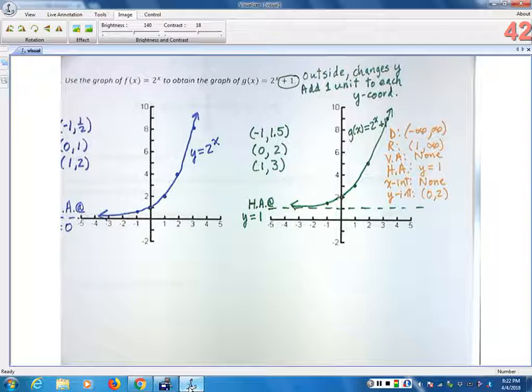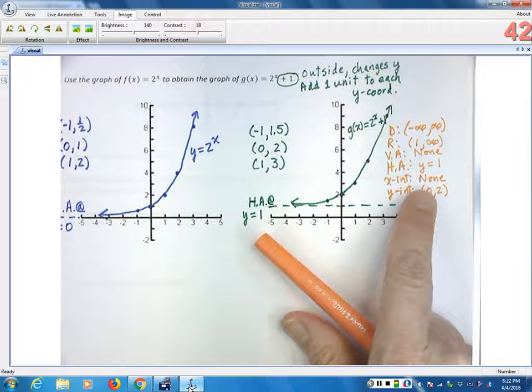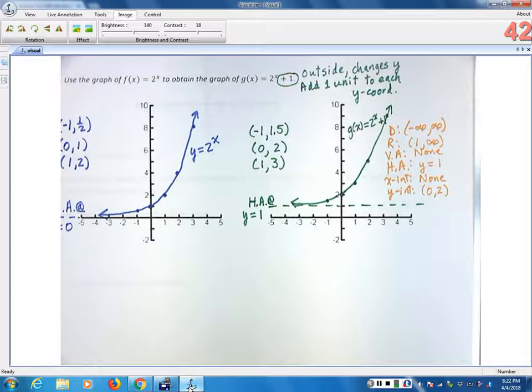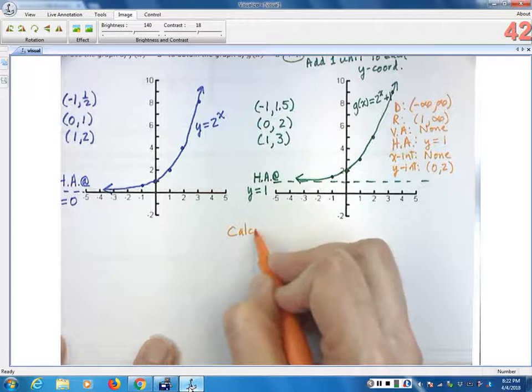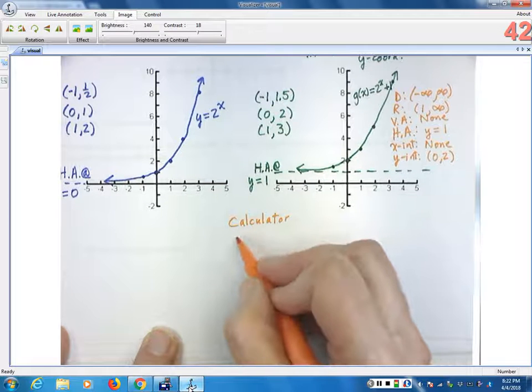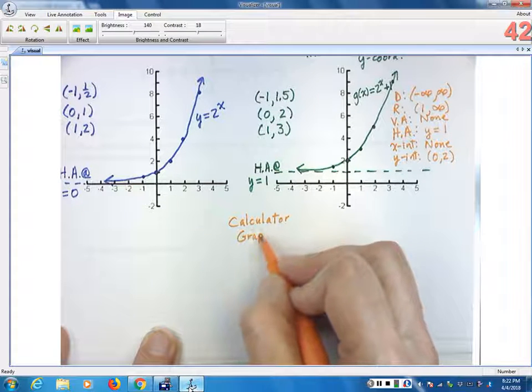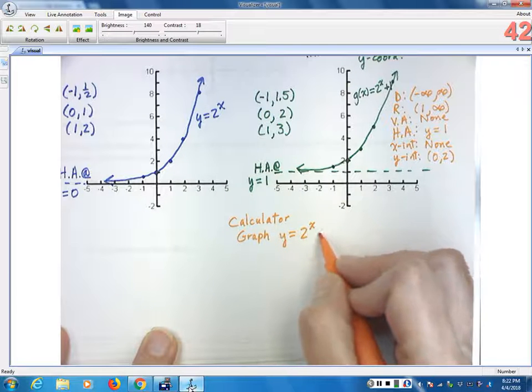All right, so your x-intercept will not always be none if you're shifting down. So I'm going to show on the calculator another example, how to find your x-intercept if you're shifting down. We're going to graph y equals 2 to the x minus 7.